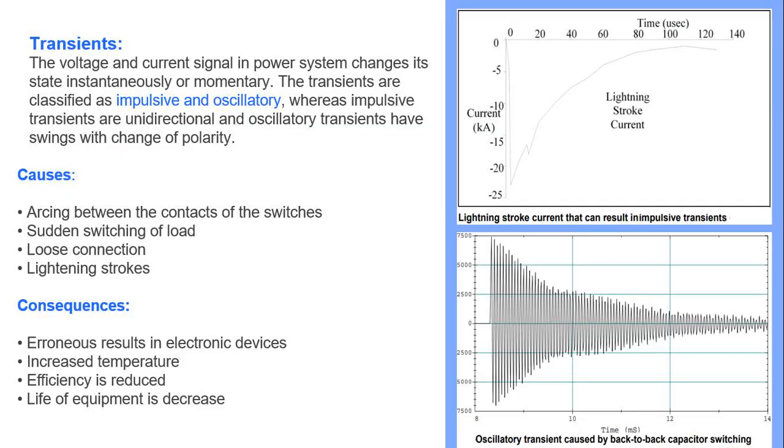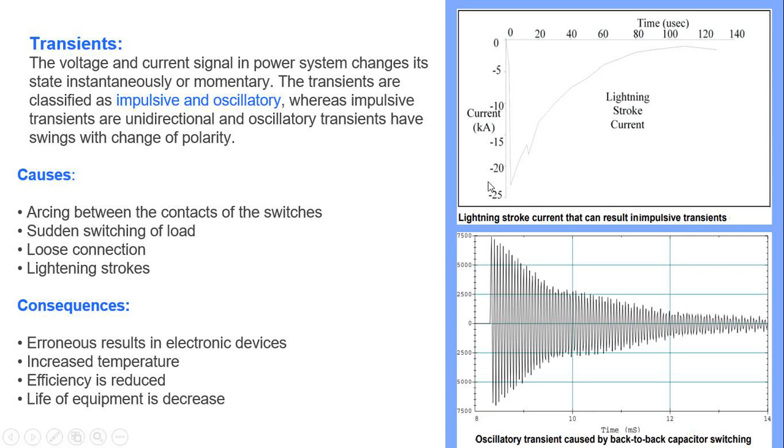Transient. The voltage and current signal in power system changes its state instantaneously or momentarily. The transients are classified as impulsive and oscillatory, whereas impulsive transients are unidirectional and oscillatory transients have swings with change of polarity.